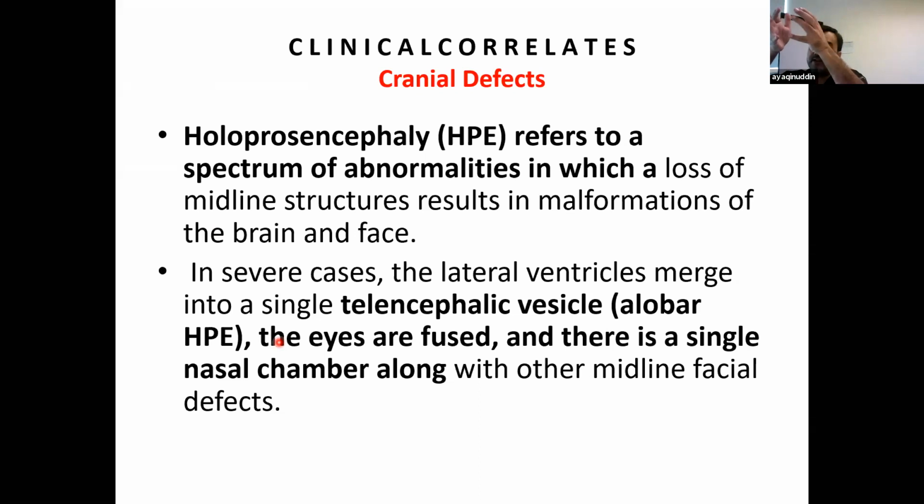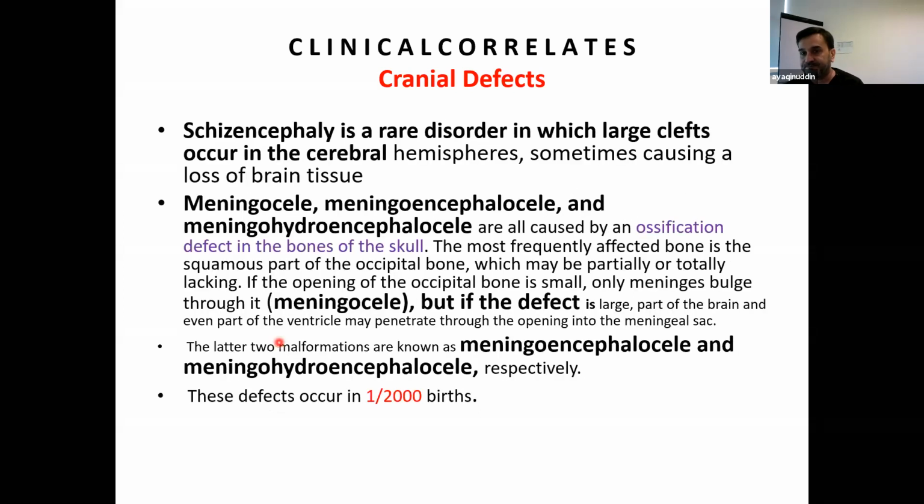So you would have one lateral ventricle rather than two lateral ventricles. You would have eyes fused in the center, so you have one eye, and there is a single nasal chamber rather than two nasal chambers. So there is midline fusion of the facial structures, and there is also fusion of brain structure. That abnormality is called holoprosencephaly.